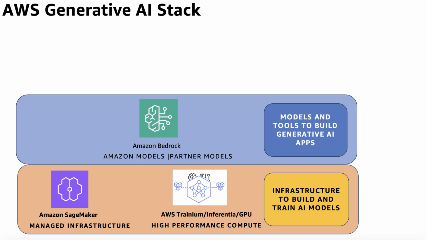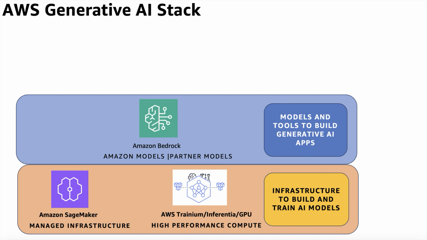The middle layer features Amazon Bedrock, which provides access to various foundation models from providers like Anthropic, Meta, and Amazon Titan, along with customization options and security features. This layer enables organizations to build customized AI applications while maintaining enterprise-grade security.